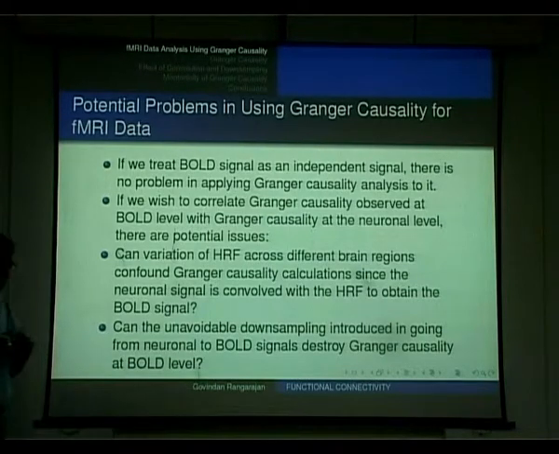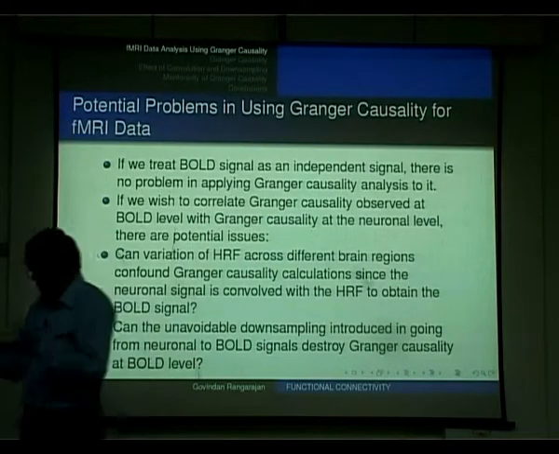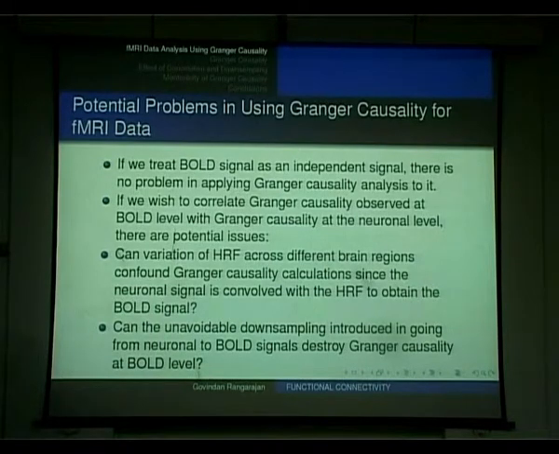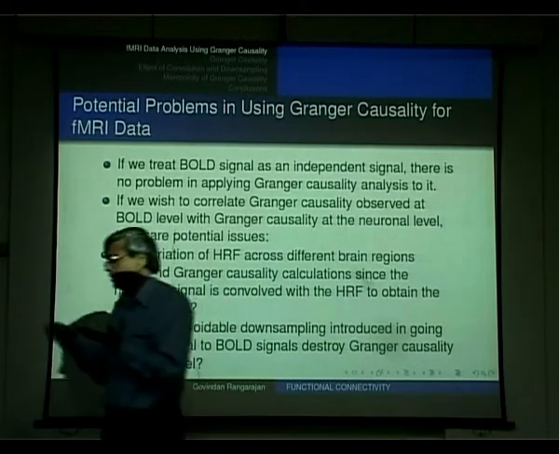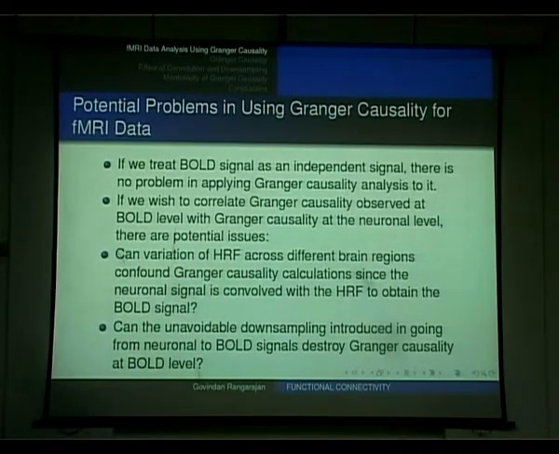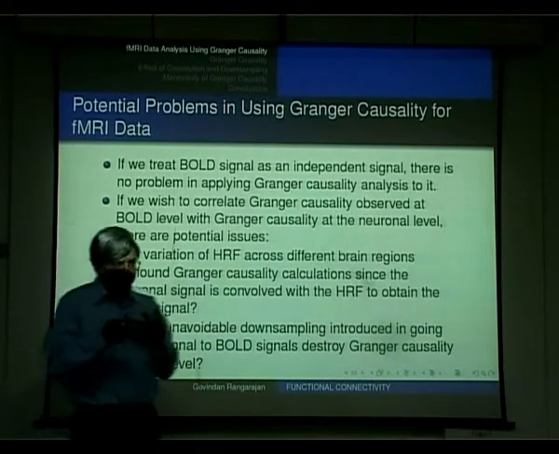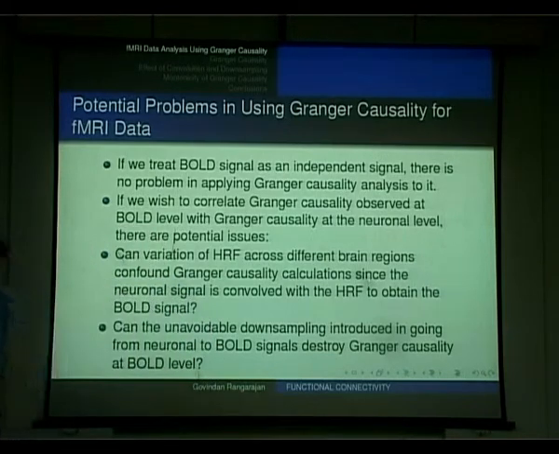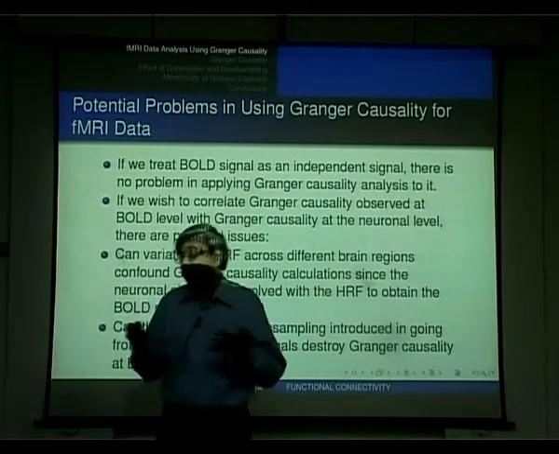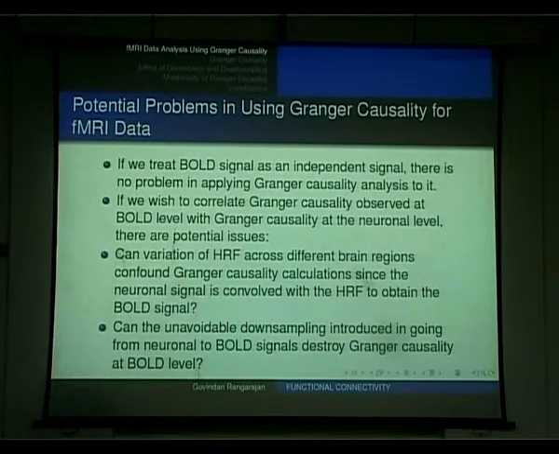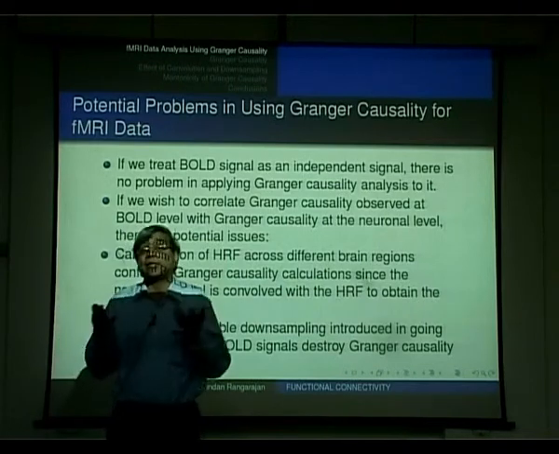There are two ways of looking at it. You can treat the BOLD response, the fMRI data, as a signal in its own right. You don't worry about what is happening at the neuronal level. You just say, I'm interested in the BOLD response and how it gives connectivity patterns. And that is also a valid approach. For example, say whether you can distinguish between onset of the Alzheimer's condition and normal. There you are only looking at differences between two different conditions.